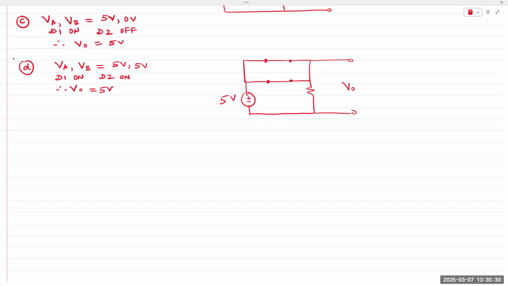We can have two independent power supplies powering them. So if that's the case, we can draw it like this, or I can draw it like this. 5 volts, diode D1, and then 5 volts, diode D2.